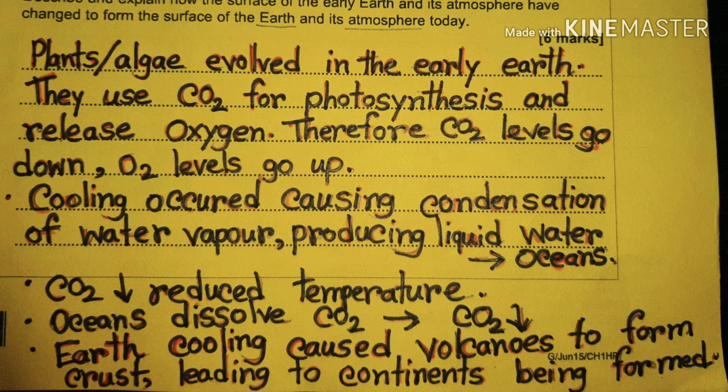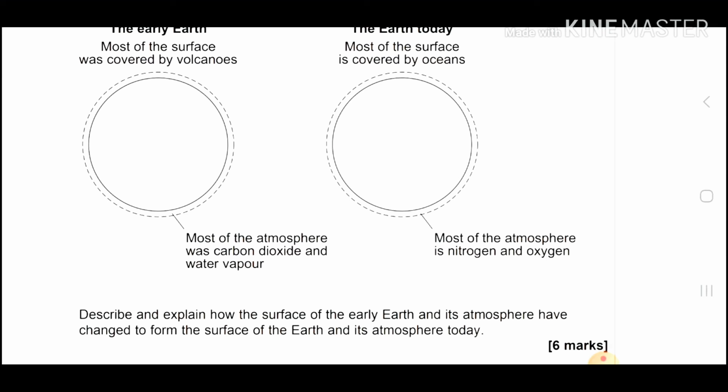Oxygen increased because plants developed and used carbon dioxide for photosynthesis and growth, producing oxygen, and carbon dioxide decreased because of this. Carbon dioxide also decreased because oceans formed and dissolved, or you can say absorbed, carbon dioxide.